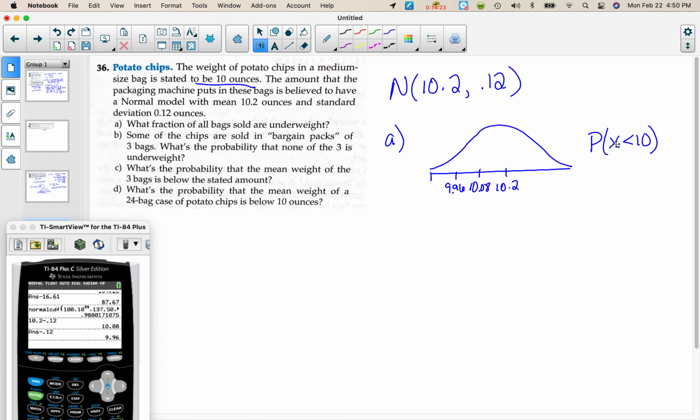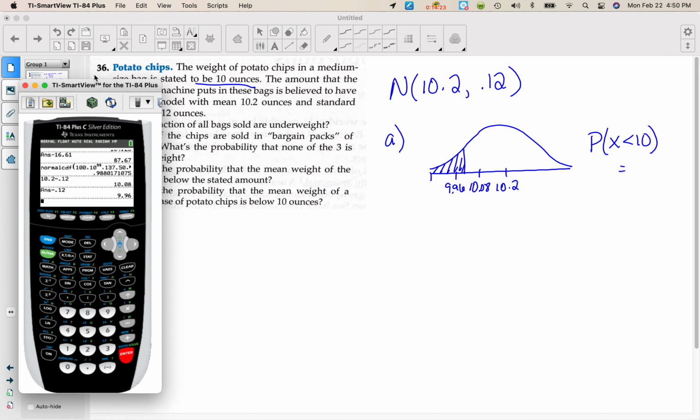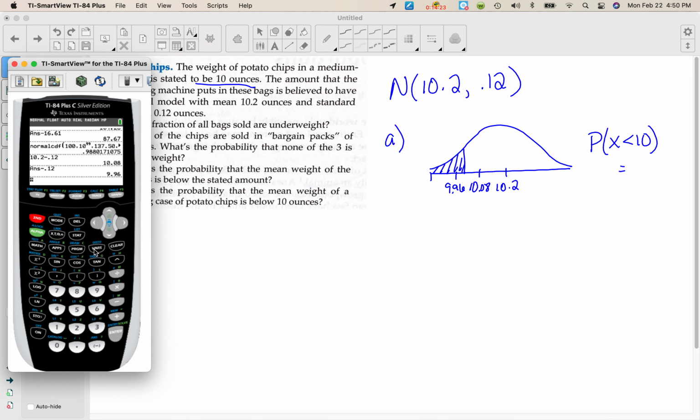Now notice my symbol. I didn't put an X bar. I'm not talking about a sample mean. I'm talking about just in general the bags. If I take a bag at random, what's the probability that it's going to be underweight? So this is just X. So I could do normal CDF. I'm not going to write all that down. But if we do normal CDF, my lower bound is negative 10 to the 99, something very small.